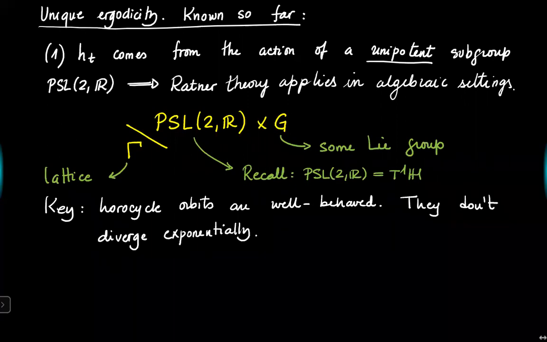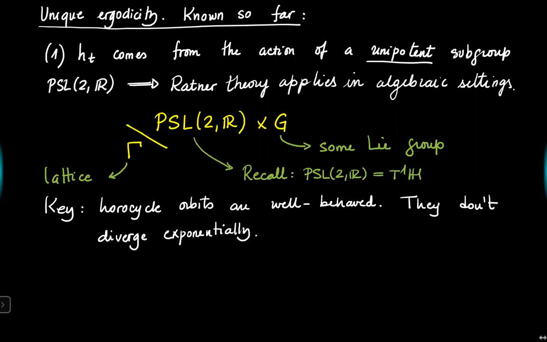So you can also read this as T1 of H, so unit tangent bundle to the hyperbolic plane, times G. The foliation here is the horizontal foliation, the foliation whose leaves are T1 of H times an element in G. And when you quotient this, you get a foliation in the quotient, which is the unit tangent bundle to a foliation by hyperbolic surfaces.